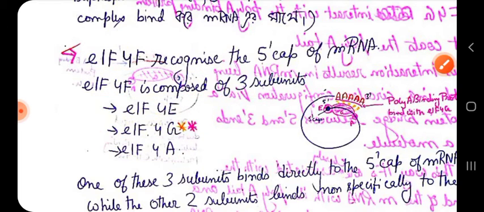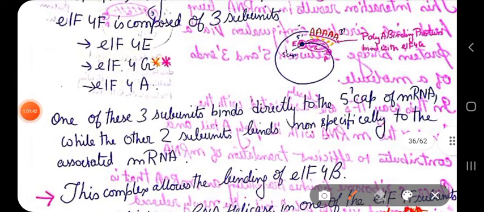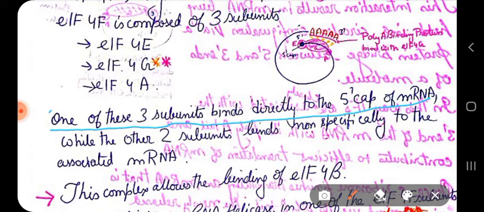And out of these three subunits, one binds directly to the 5 prime cap of the mRNA, while the other two subunits bind non-specifically to the associated mRNA.